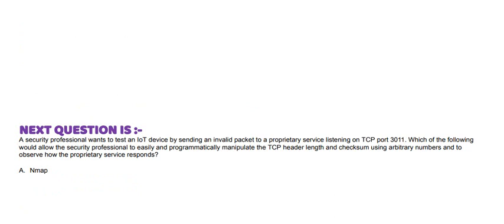Next question is: a security professional wants to test an IoT device by sending an invalid packet to a proprietary service listening on TCP port 3011. Which of the following would allow the security professional to easily and programmatically manipulate the TCP header length and checksum using arbitrary numbers and to observe how the proprietary service responds?